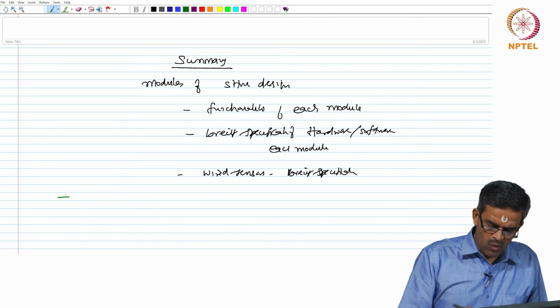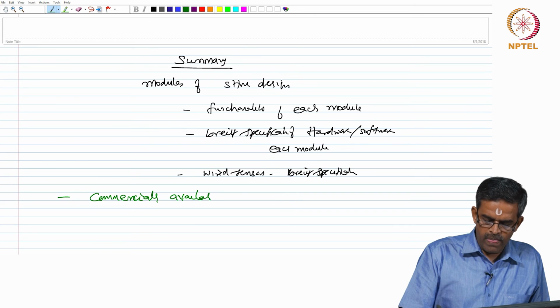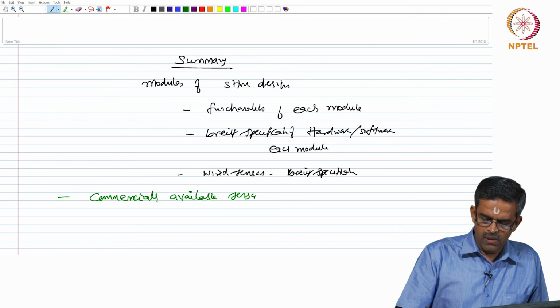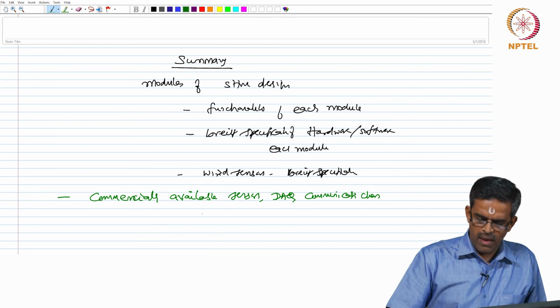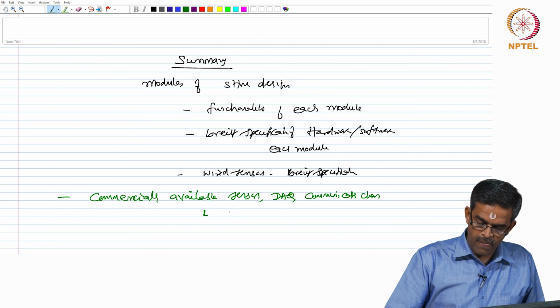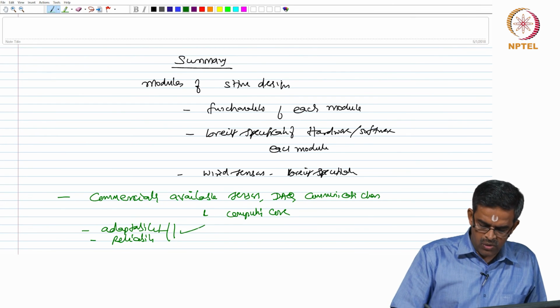The essential goal was that one should use commercially available sensors, acquisition system, communication channel and computing core, so that adaptability and reliability are ensured at lower cost.